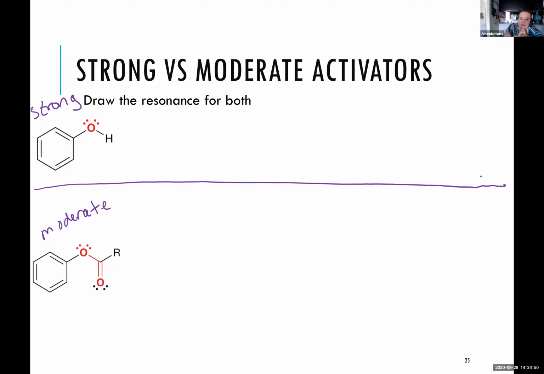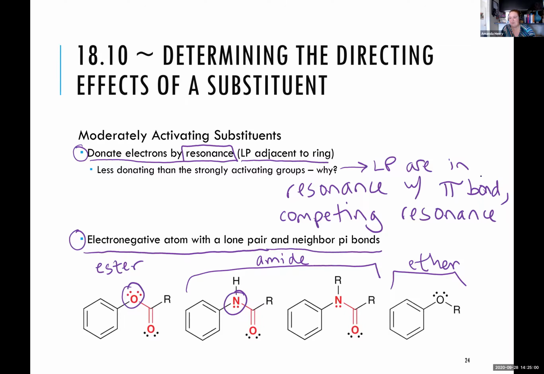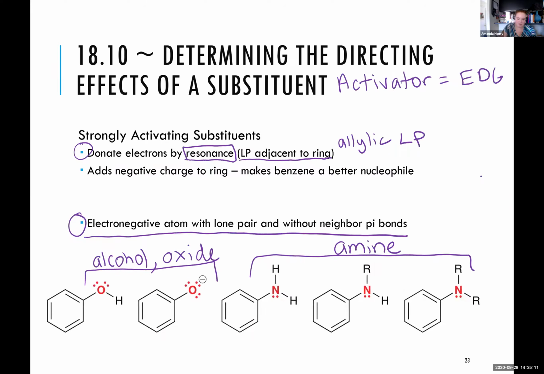For our strong activator, why is the ether less? So the ether, that is a great question, Noah. Let me go back. So the ether falls into the less category because the bond between the oxygen and the carbon is stronger than the bond between the oxygen and the hydrogen.